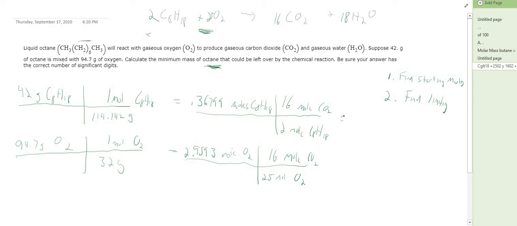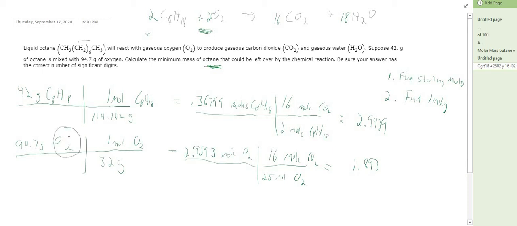So this will tell me what my limiting reactant is when I do this math. Whichever one gives me the fewest number of moles, that's going to be the limiting reactant. When I do these calculations, I get 2.9439, and for this bottom one I get 1.893. So in this case my oxygen is going to be my limiting reactant.